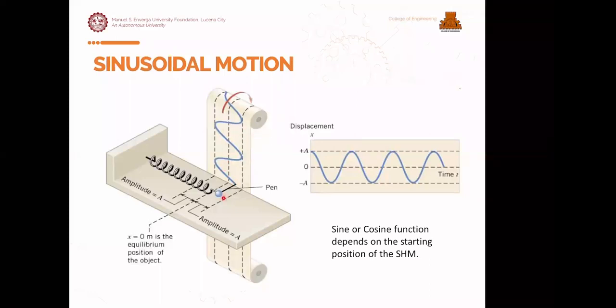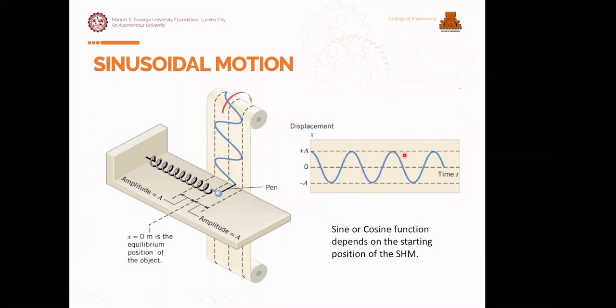Kaya, sinasabi natin na lahat ng simple harmonic motion natin is a sinusoidal motion. Okay? So, basically, from the maximum displacement o yung measured natin amplitude sa positive, then pupunta siya dun sa negative, punta siya sa positive, negative, and so on and so forth. Hanggang ma-produce natin tong line na to.